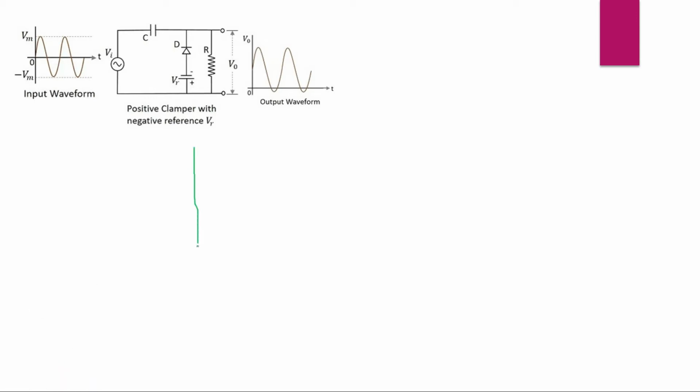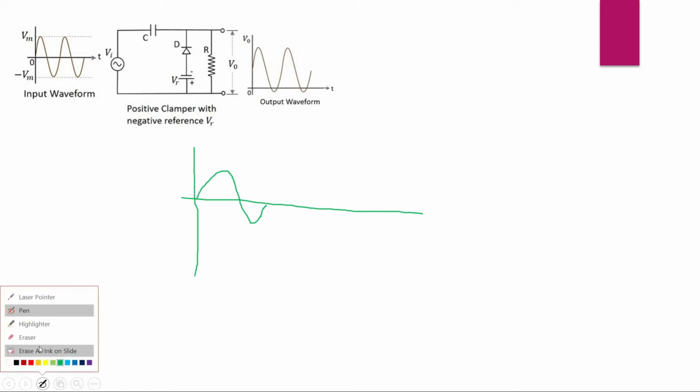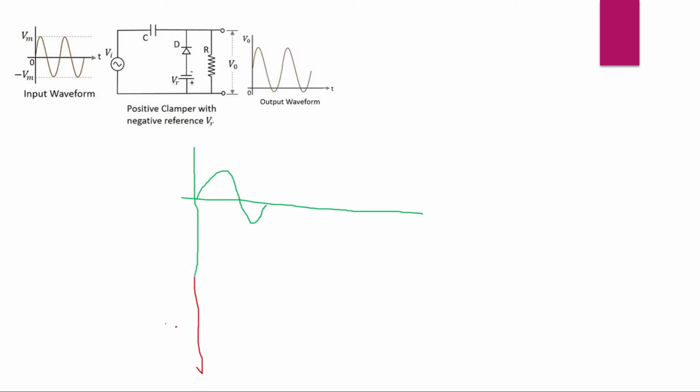I hope what I am explaining is clear. This is my input. When I am taking the output, I should draw the time axis as well, right? This is the Vm, this is the 2 Vm.